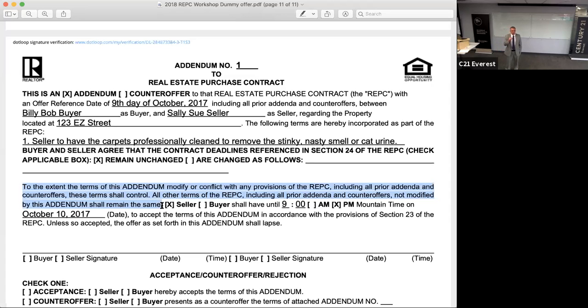What is happening is people right now, because of how competitive the market is, are writing on an addendum: in the event the property doesn't appraise, buyer will pay in cash $1,000 or $2,000 or $7,000, whatever, above the appraised value for the property.